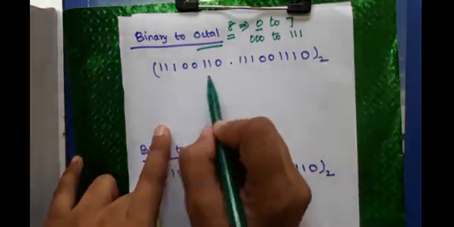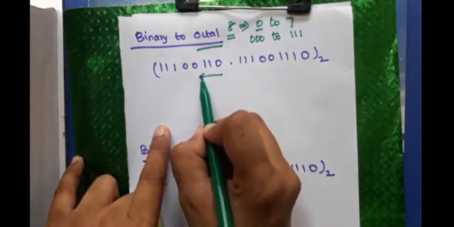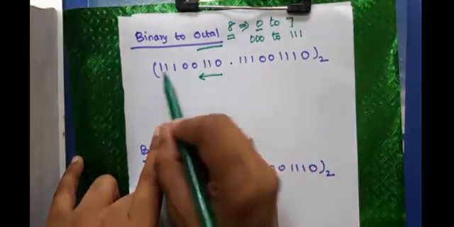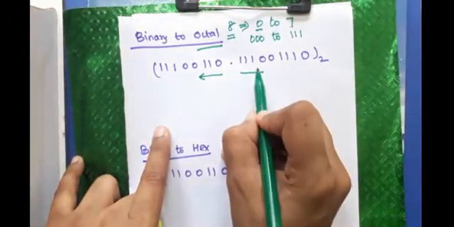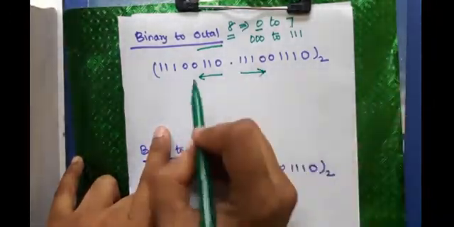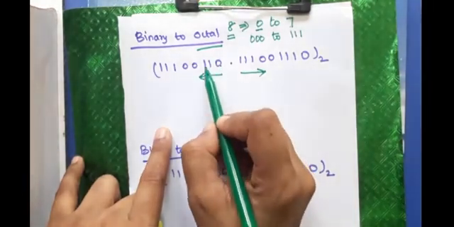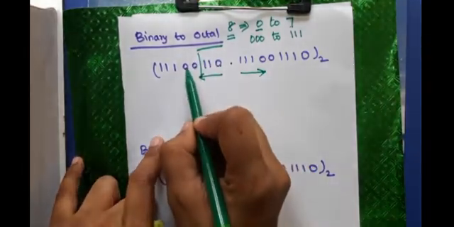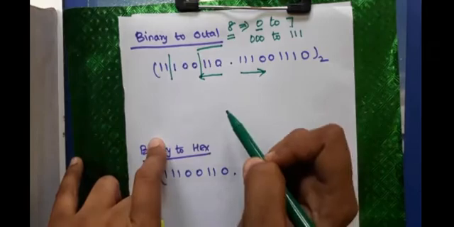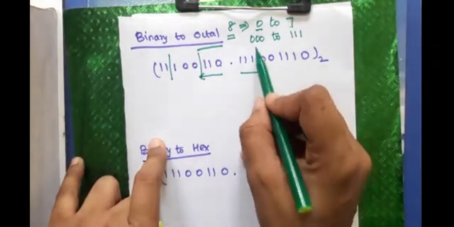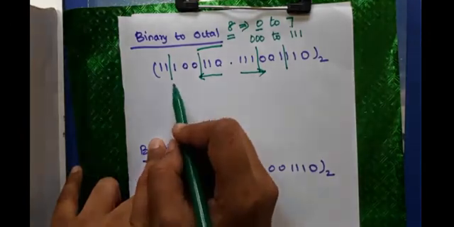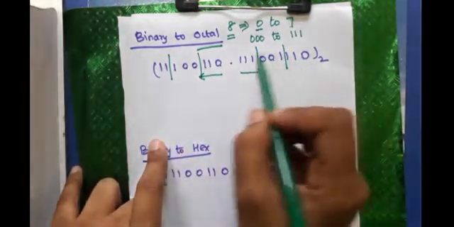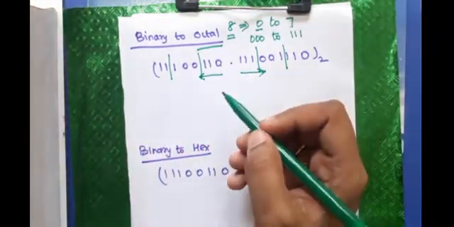So what we will do is we will group the digits in terms of 3's and again group in terms of 3 in the fractional part. So 011 forms a group, 001 will form a group, 111 will form a group, 001 is a group, 110 is a group. Now converting each 3 bit into a corresponding octal number.